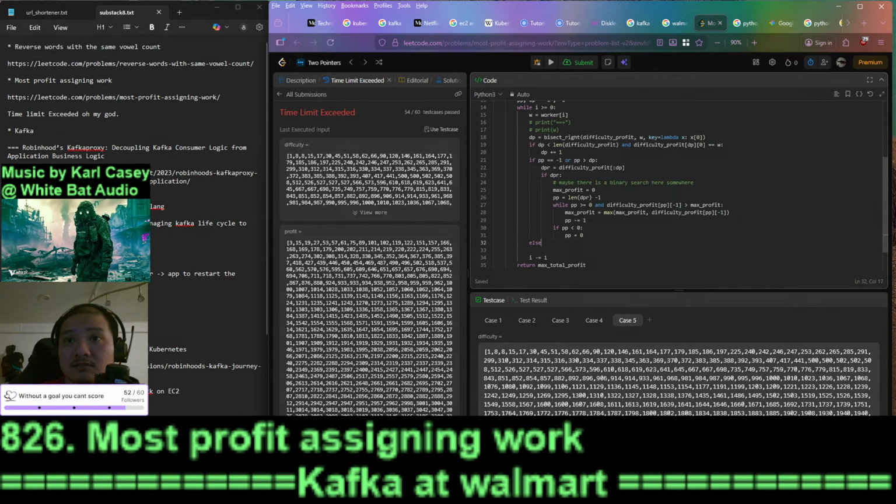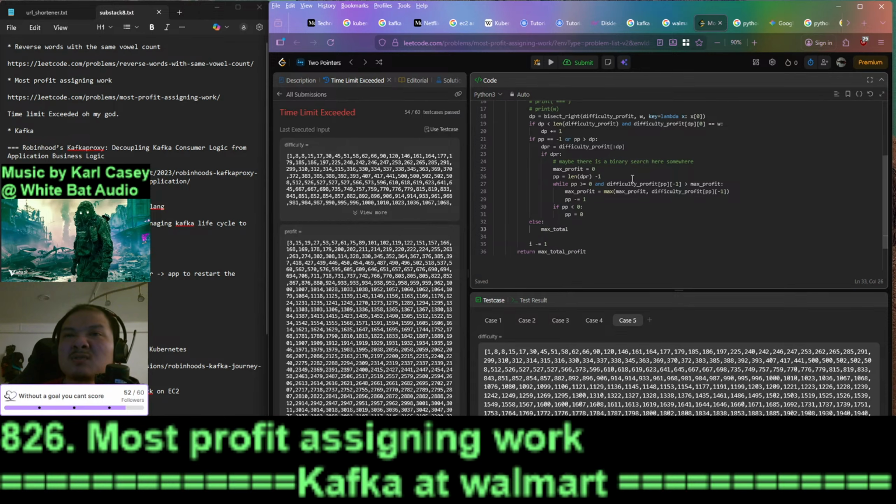Otherwise it means that the profit will always be max profit. So basically max total profit plus equal to, what is it? Let's do this.